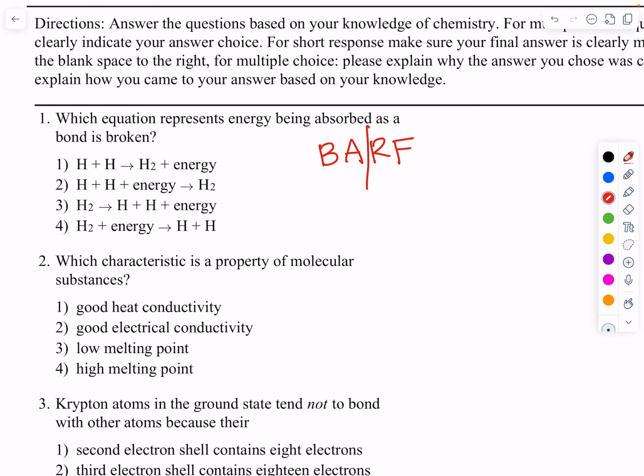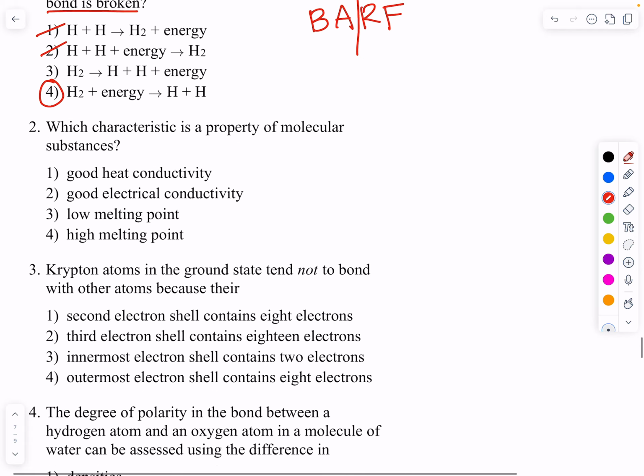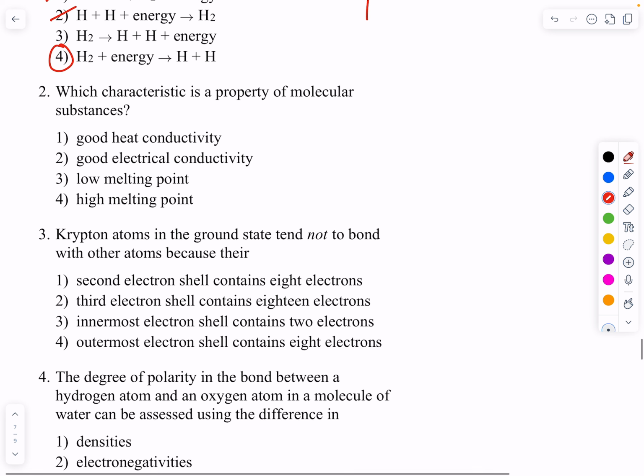So this equation is representing energy being absorbed as a bond is broken. I'm looking for a bond being broken. The only choices that show me a bond being broken are 3 and 4. And which one shows energy being absorbed? That's where energy is on the reactant side, right? Energy is being absorbed, it's a reactant, it's being added.